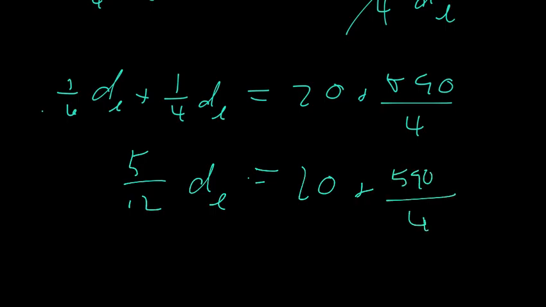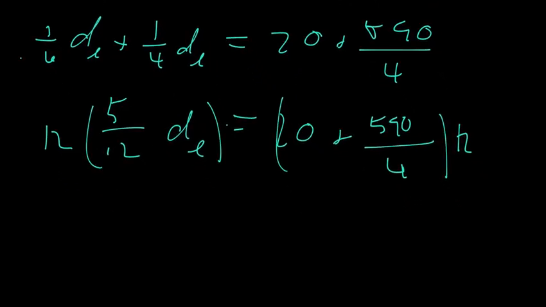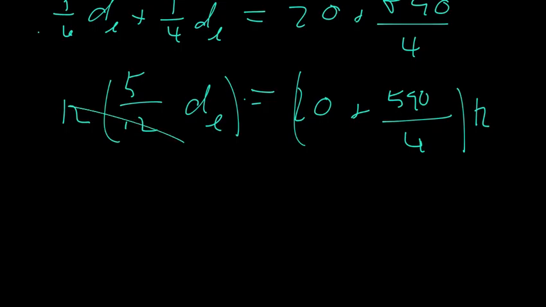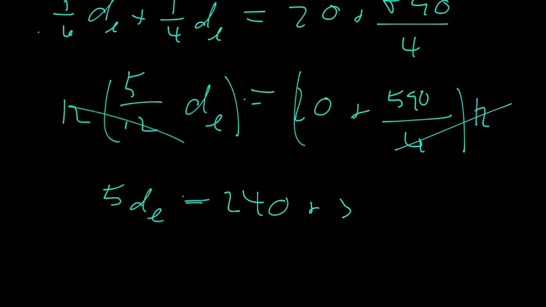Now I'm going to multiply by 12 on both sides. On the left-hand side, the 12s cancel, so we have 5 d sub L is equal to 240 plus, and the 4 cancels on the right, so you have 3 times 590.